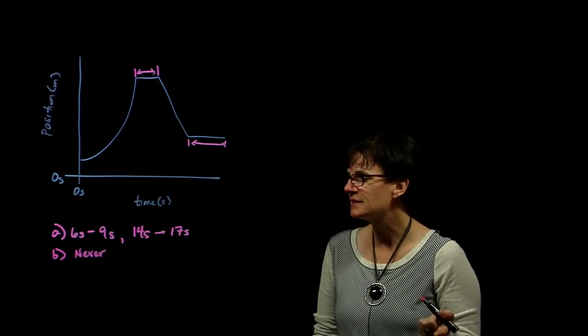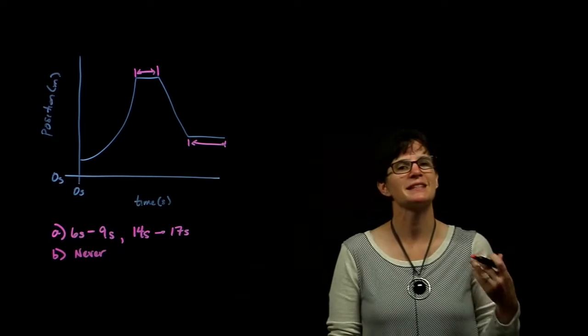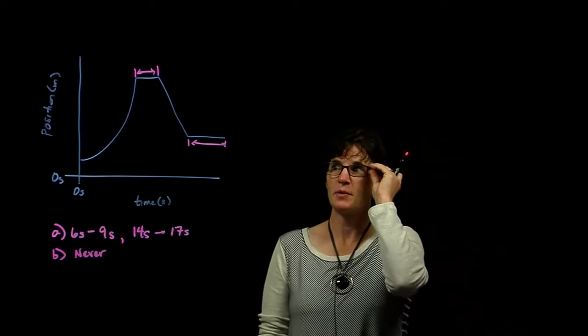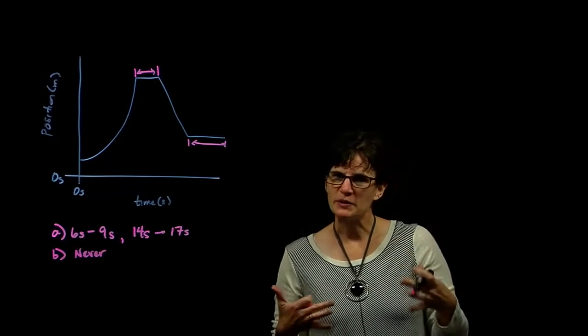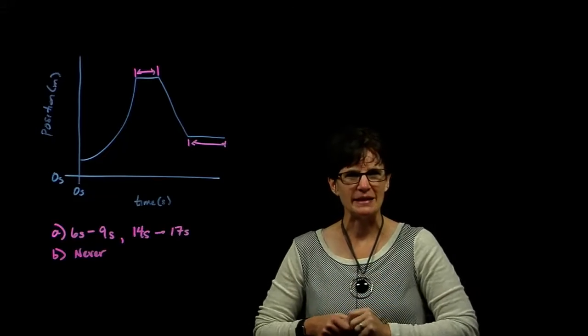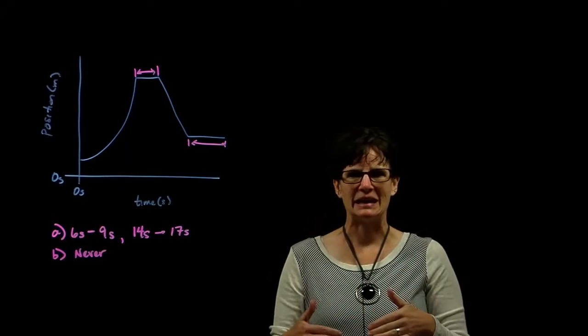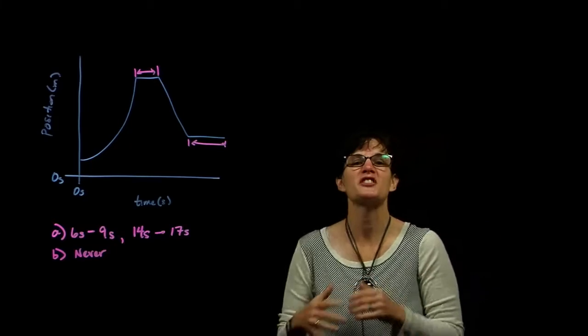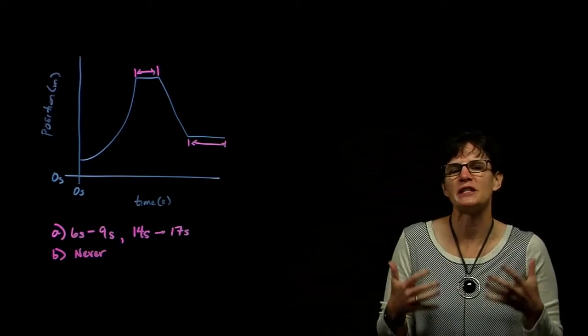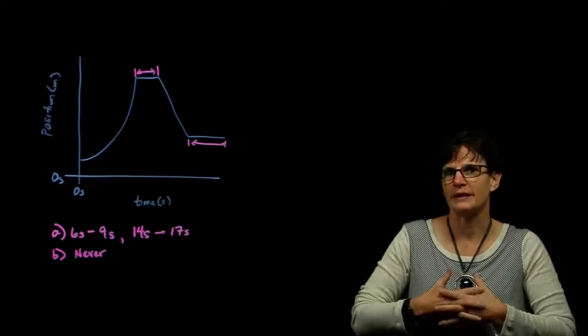Good. Part C says, during what time period is the object accelerating? All right, so from a position versus time graph, that acceleration is going to look very specific. So let's think about what acceleration means. It means that the object is getting faster and faster, or slower and slower. It's changing its velocity. It's changing its rate of moving.